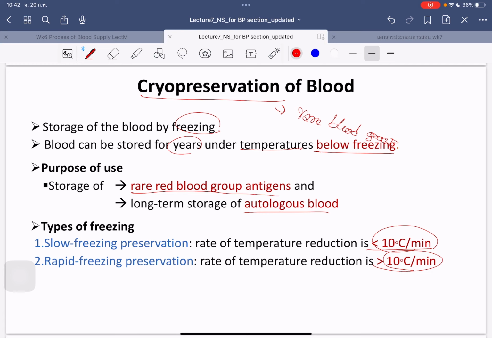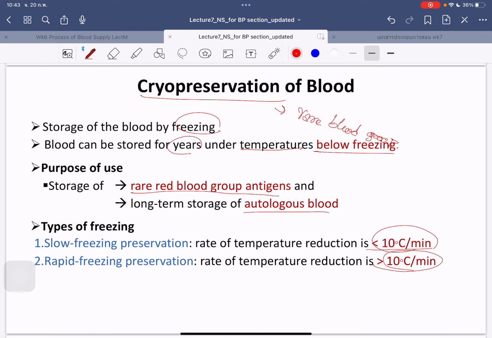Yes. Do you know the blood group little p? Little p is a rare blood group. If your family has the little p blood group, you may ask the blood bank to preserve your red blood cells in case of an accident.